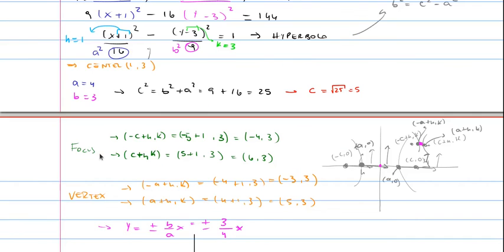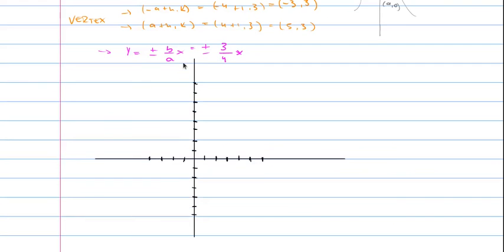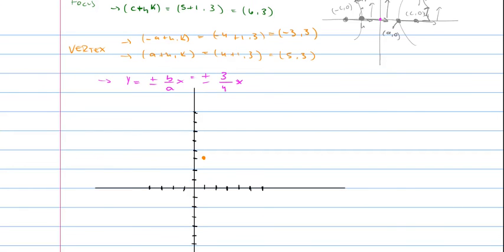The center of the hyperbola was in 1, 3, and that is right here. The two vertex points were in minus 3, 3, and in 5, 3.